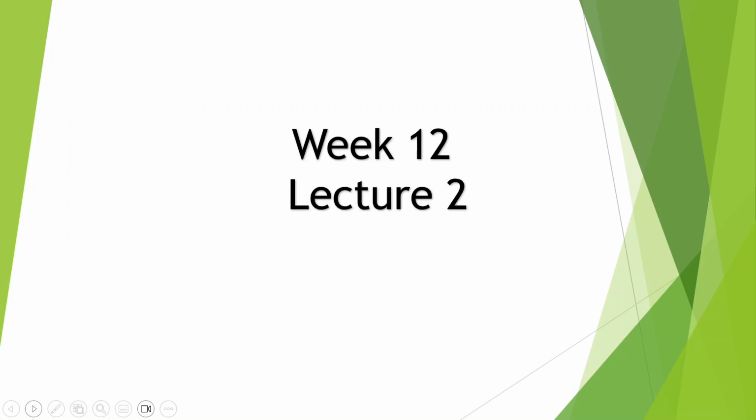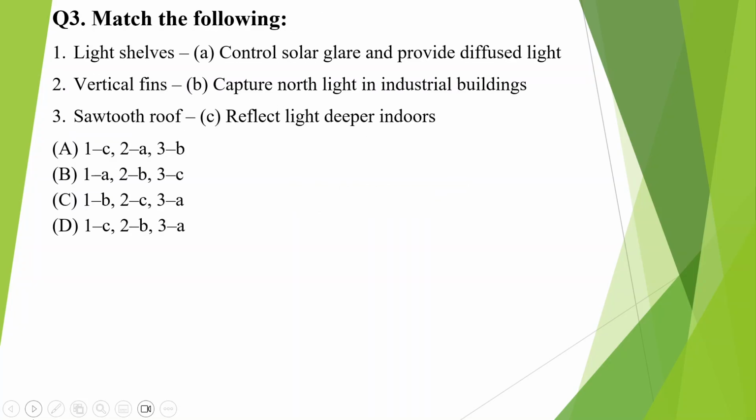Then we proceeded to the lecture 2 content, where we solved a few questions, and now in this question, as you can see, the third, sawtooth roof, will go towards option B, industrial buildings.